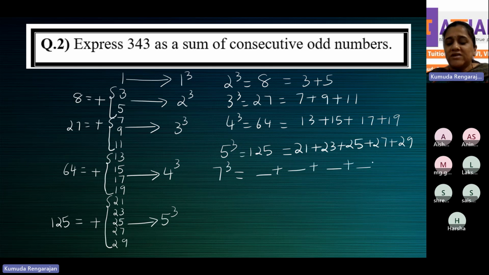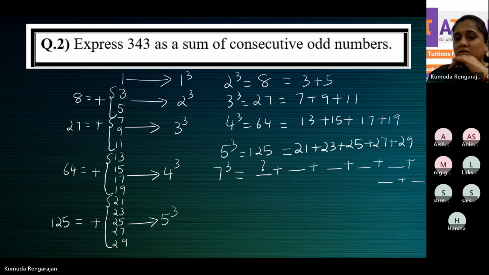But from which number to start? That is the question. Once I tell you where to start, you will continue writing the next consecutive odd numbers. But where to start? For that, we have a formula.